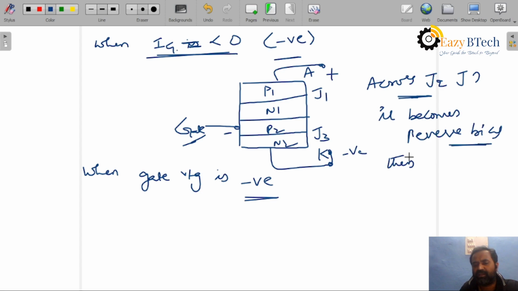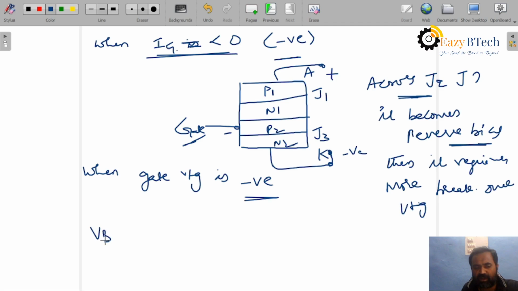Then it requires a higher breakover voltage. Breakover voltage is increased.